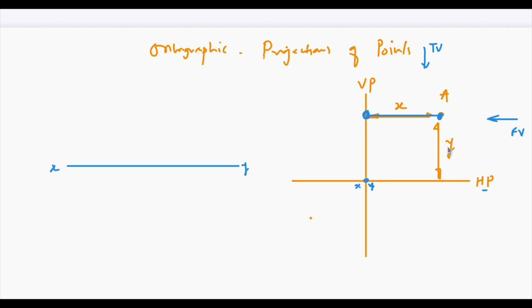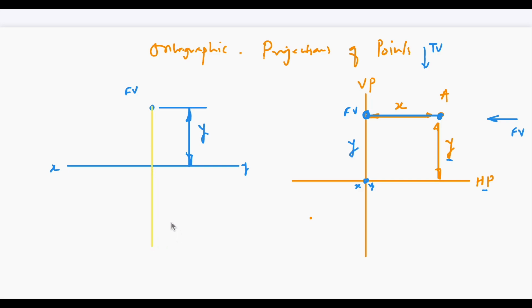The point A is above HP by distance y, so its front view will be above xy line and the distance is y. So let's say this is front view of the point, and this distance is y.